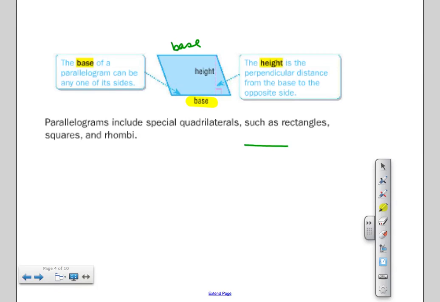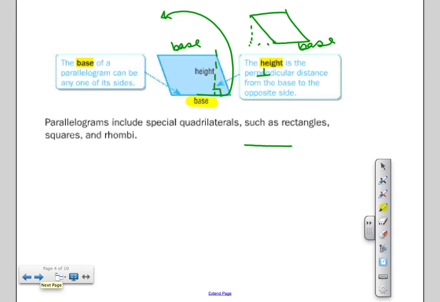What if we rotated this parallelogram this way, and it ended up looking like this? Then this would become the base, and we would have a different height, wouldn't we? But that would still work for our formula. The height is always the perpendicular distance off of the base.